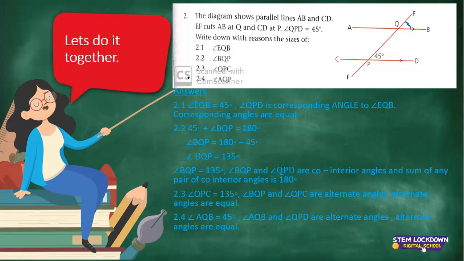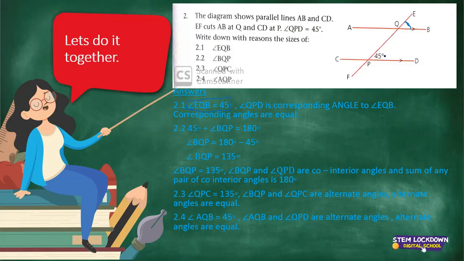For number 2.1, the value of EQB equals 45 degrees. Why is it 45 degrees? The reason is angle QPD is a corresponding angle to angle EQB, because this one is our exterior and here is our interior.